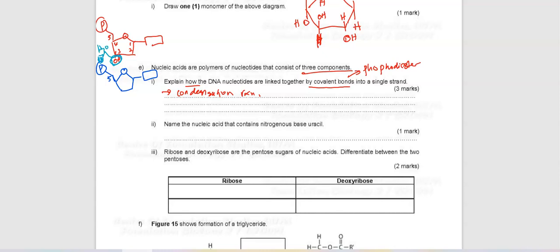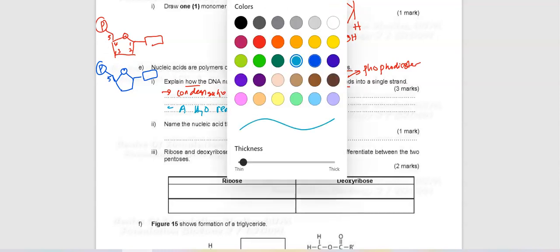So in the process of condensation, a water molecule will be removed. That is one of the points that you can include in your answer. After you have removed a water molecule, a phosphodiester bond will be formed. So you erase this and then add a new bond there.